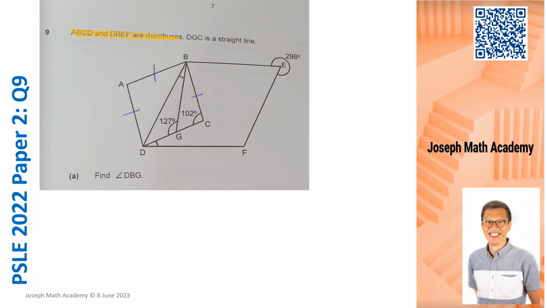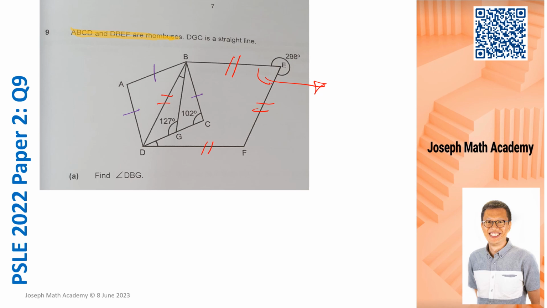Next, the next rhombus is BEFD, or rather DBEF, so I'm going to use double marking. All right, now let's find this first. This is a reflex angle.